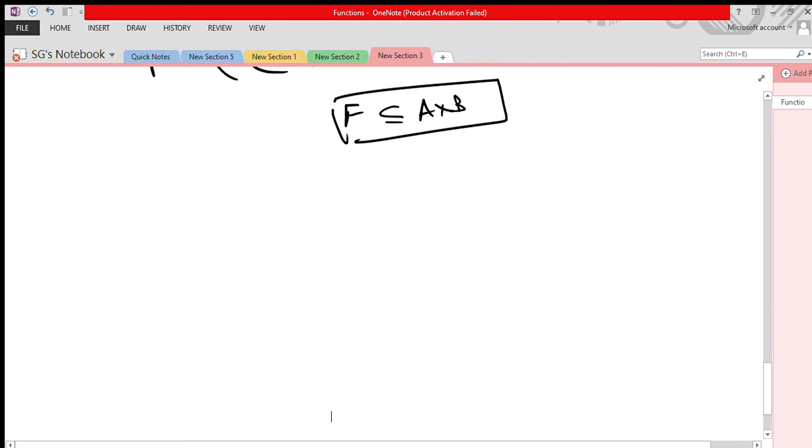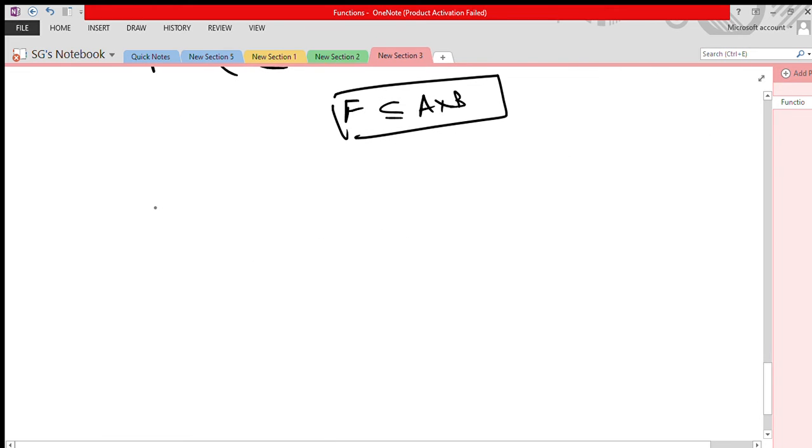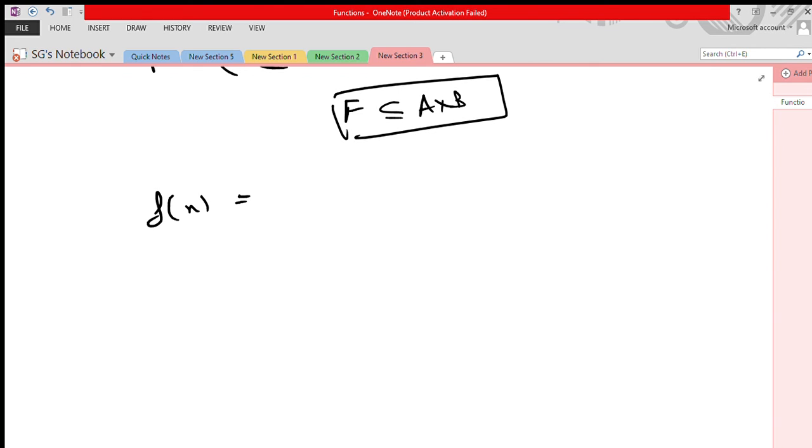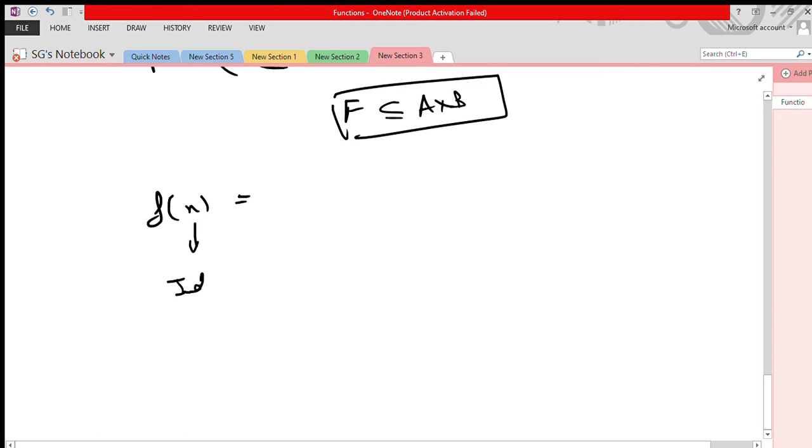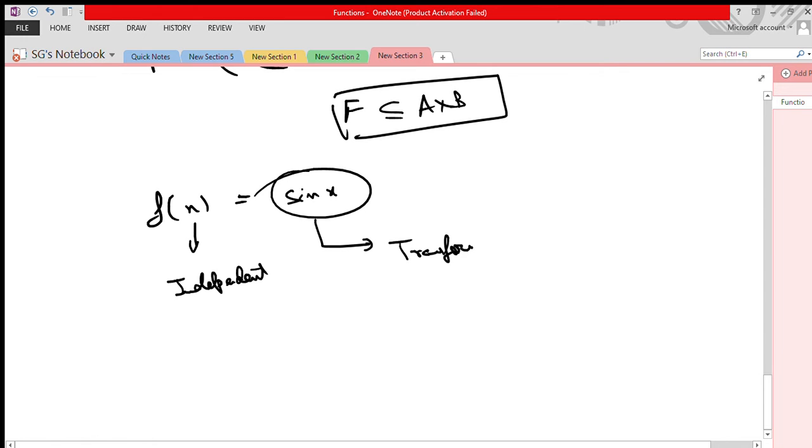Now let us understand how you are given a function. Basically you are given an operator f, and f takes an input x, where x is called the independent variable, and f(x) gets transformed to, let's say, sin x. So this sin x is the transformer, or the function.